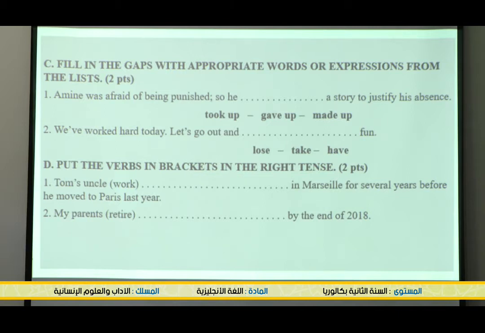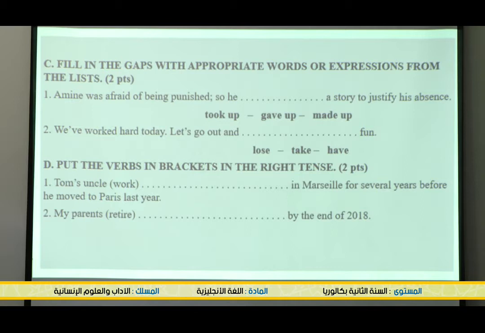So the phrasal verb that we need here means to invent something from your imagination, to create something in order to avoid being punished. Okay?